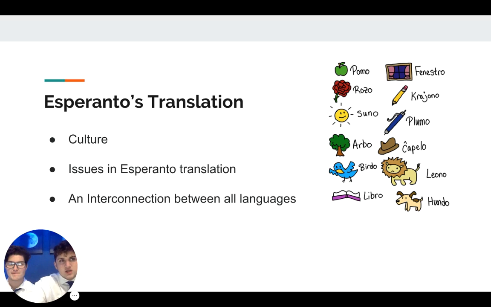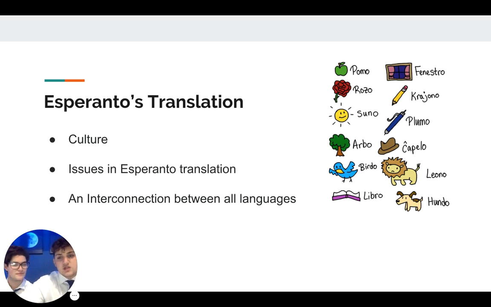In Esperanto, when you ask a question like what is this, the first response is who is that. That doesn't make sense to English speakers here in the United States, but in Esperanto, that's how they speak. So a possible reason it didn't succeed is that this issue in translation put Esperanto behind other languages.